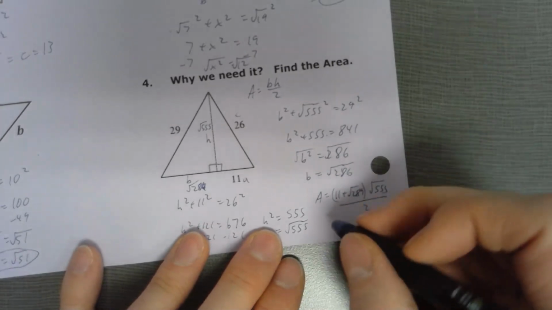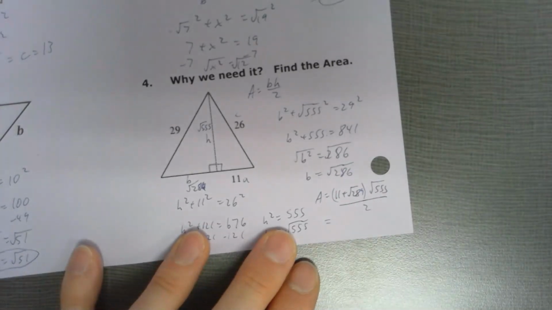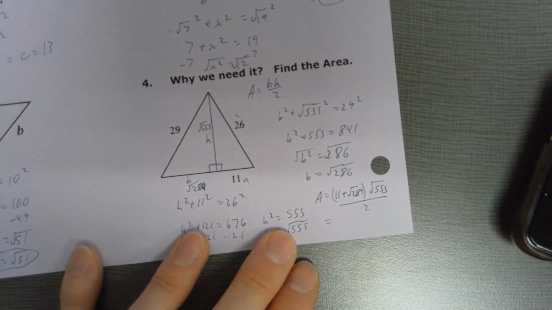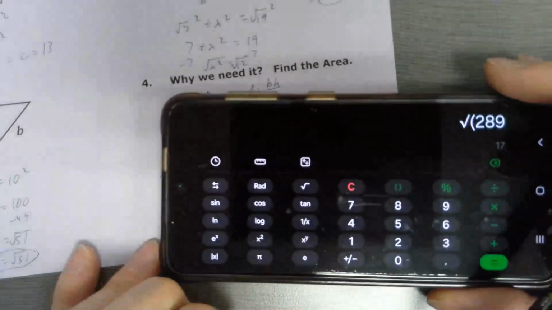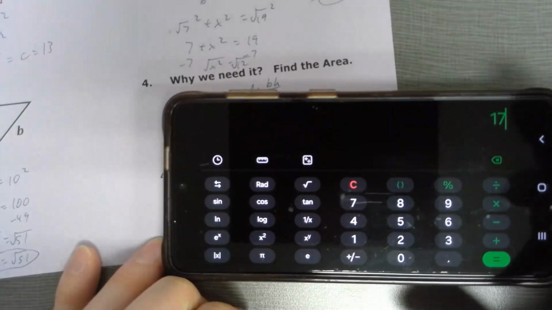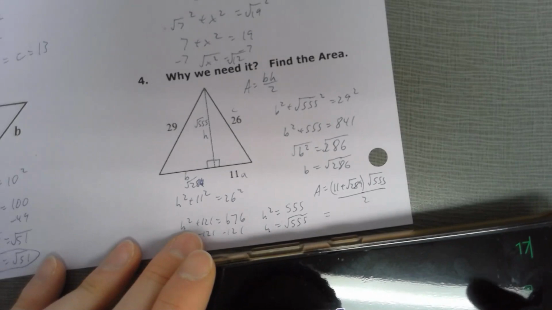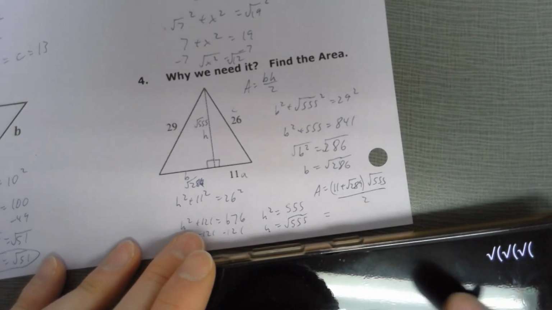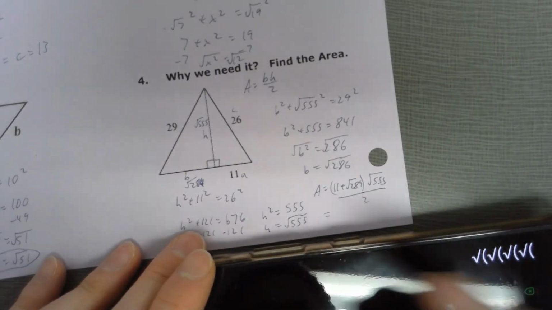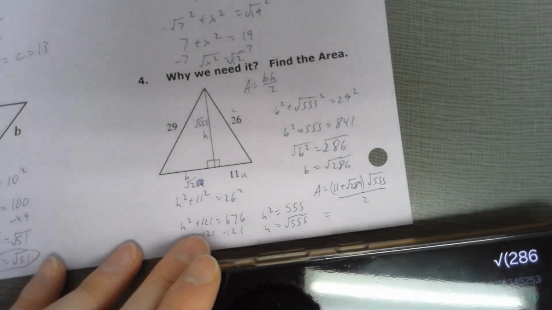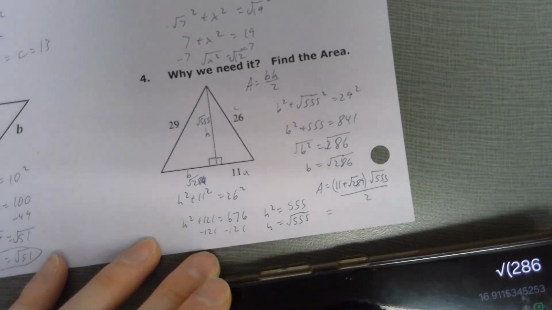Well, if we get a decimal approximation, if we take the square root of 289, oh, actually, sorry, 286, not 289. Square root of 286. Yeah, it would have been nice if that was 289.